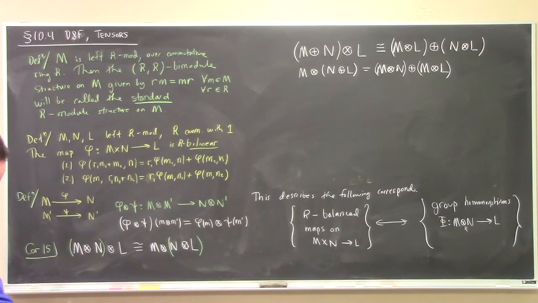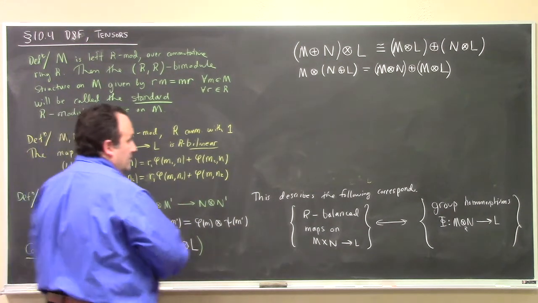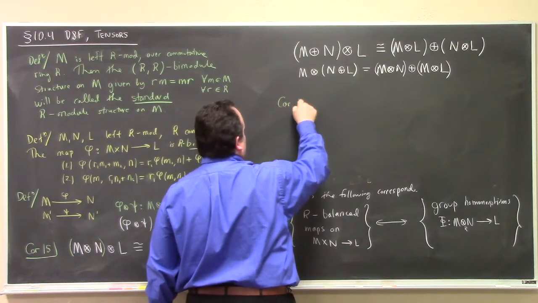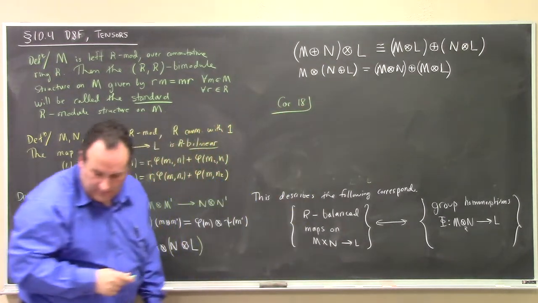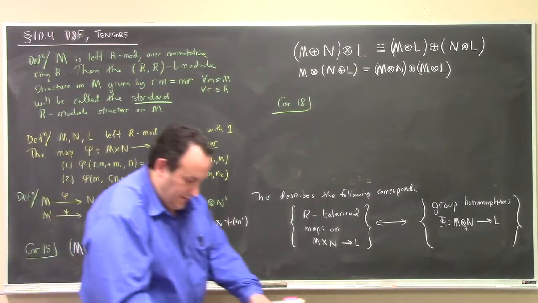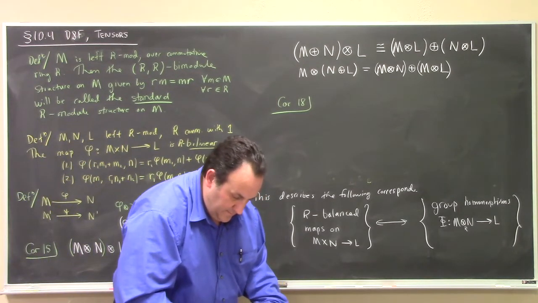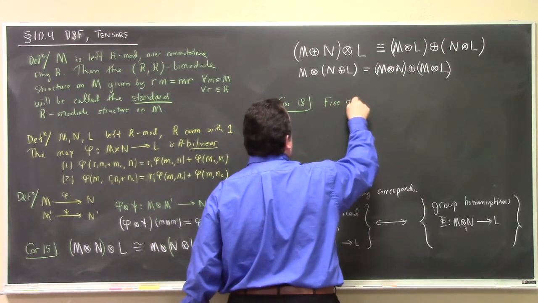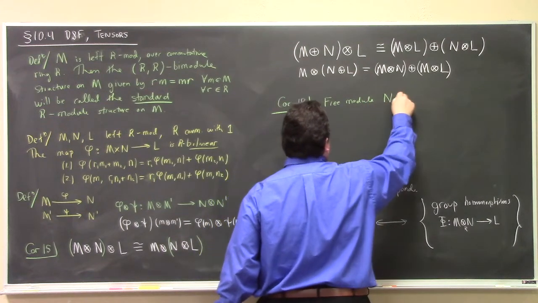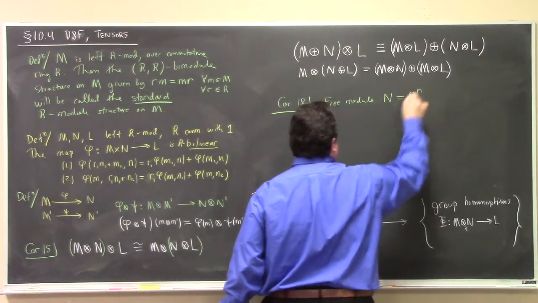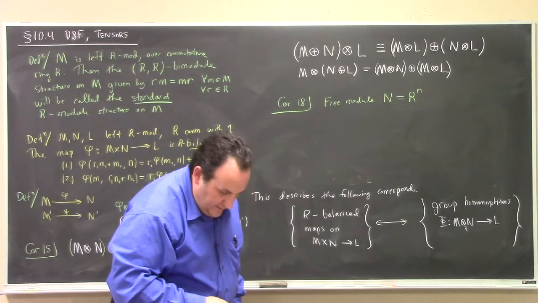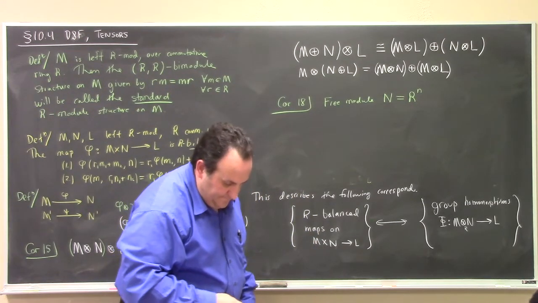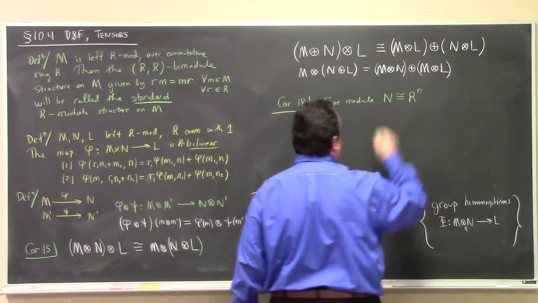And then corollary 18 is important because it shows you one of the primary theoretical uses of the tensor. So corollary 18, here we have the free module, which is just R to the n, all right? I mean, it's isomorphic to R to the n, I should say.